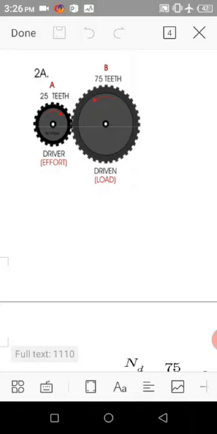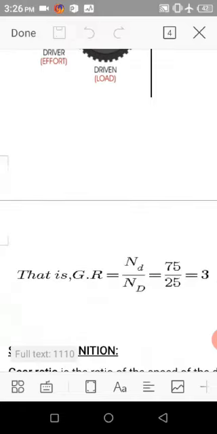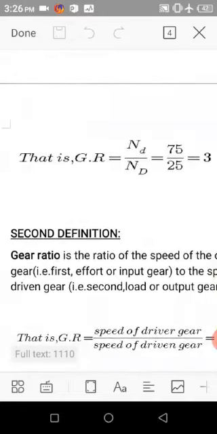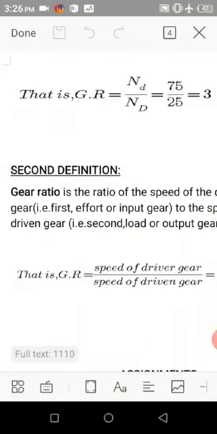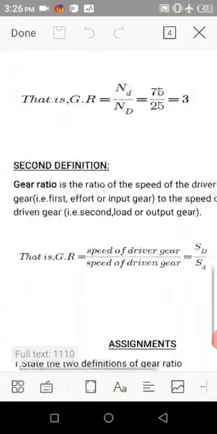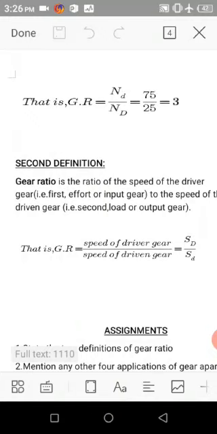So that is what they call gear ratio. But at times, because there are about 2 definitions of gear ratio, you may not be given the number of teeth of the 2 gears. You may be given the speed of the 2 gears. In this second definition, the gear ratio is defined as the ratio of the speed of the driver gear to the speed of the driven gear.